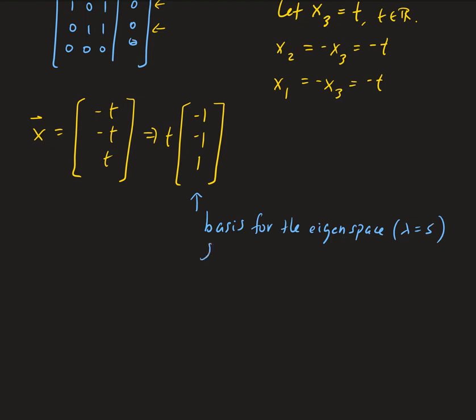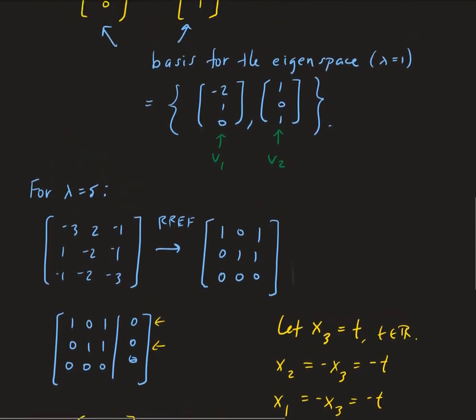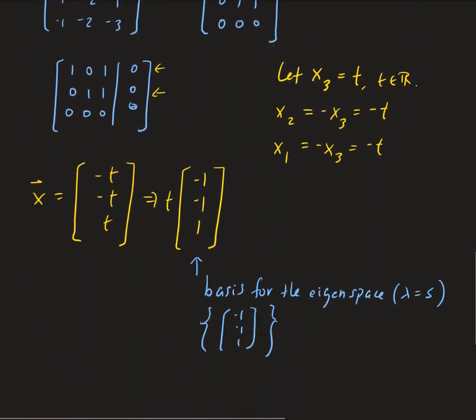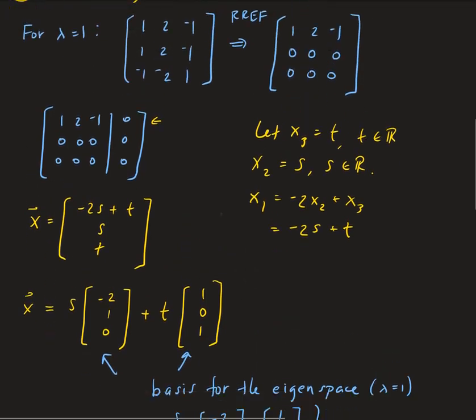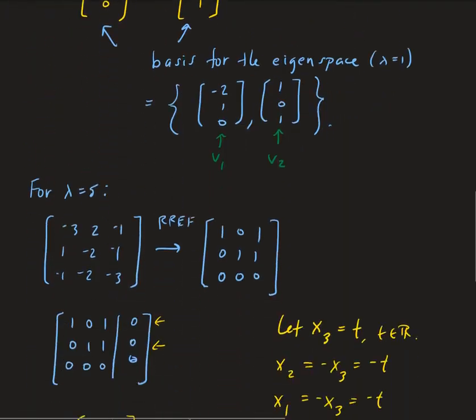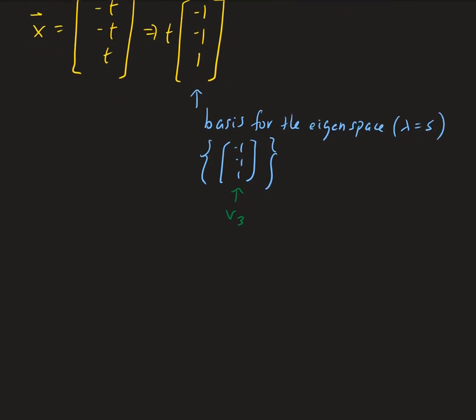We can write this as a set. Let's call this V3. So now we're ready to construct P. That's step 3.